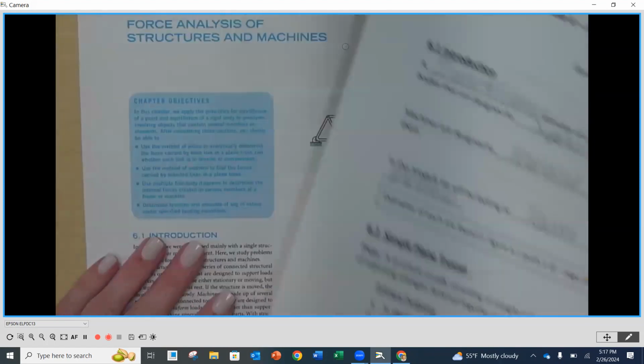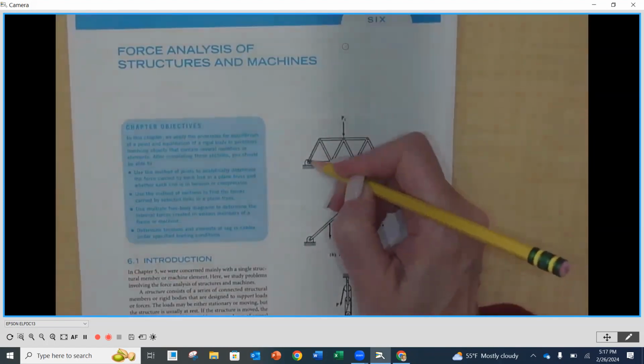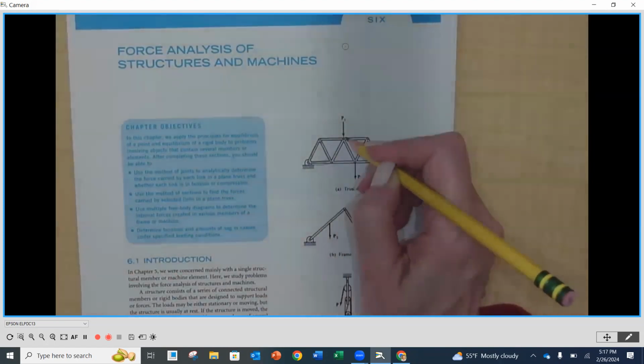And we know that as we work our equations of equilibrium, if we end up with a negative value, it tells us we're in the wrong direction. So we're going to be flipping some forces as we're moving around here to make sure we have them in the appropriate direction, but then also using that direction to identify, am I in tension or compression with this member? So as we look at a truss, this is a member between all of these joints.